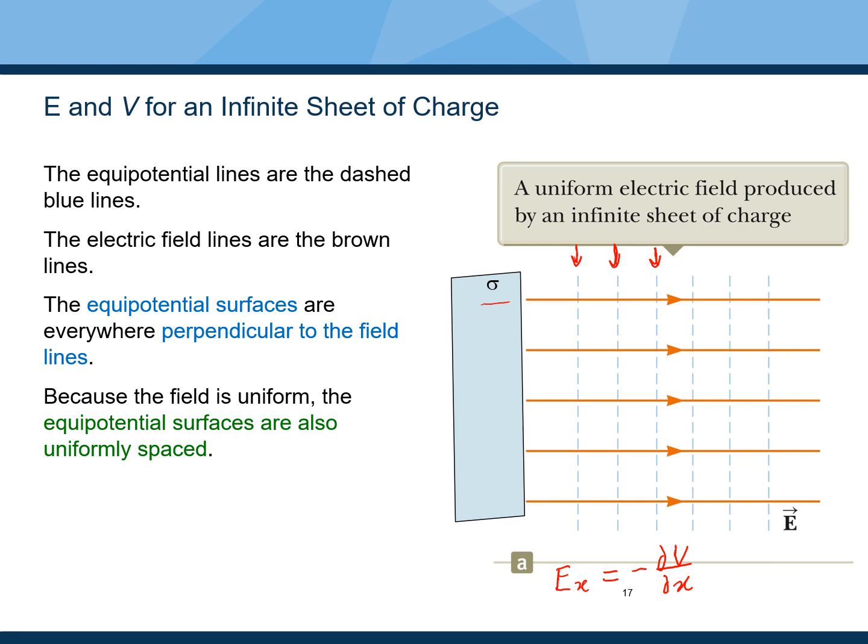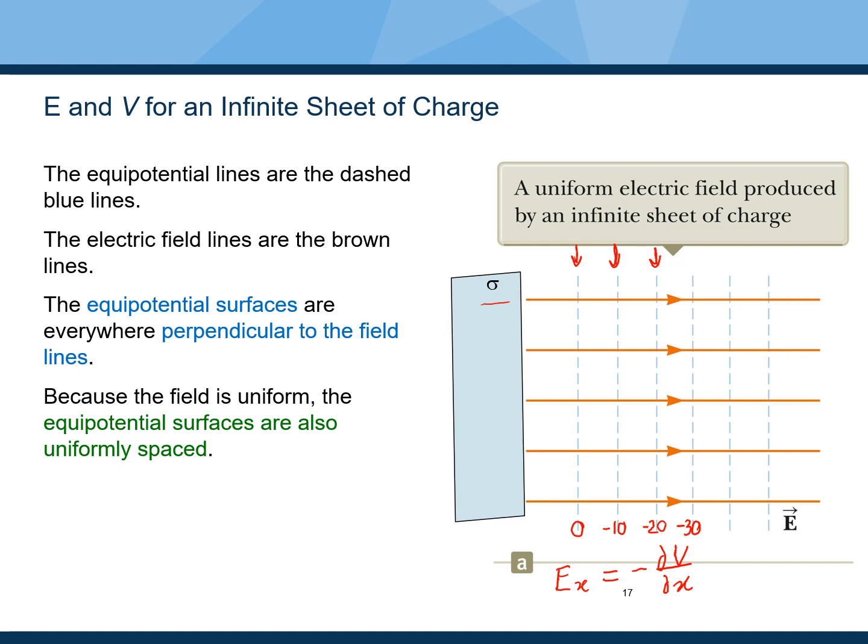So, for example, if the electric potential out here is 0, then the electric potential out here could be minus 10, the electric potential out here could be minus 20, the electric potential out here could be minus 30, and we realize that we have constant amounts of decrease in electric potential associated with constant displacements in the positive x direction. It need not be minus 10, minus 20, minus 30. It could also be minus 5, minus 10, minus 15. It could also be minus 20, minus 40, minus 60.